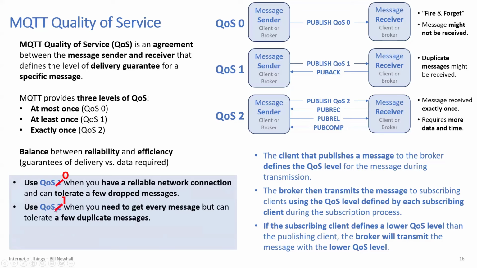You use QoS 1 when you need to get every message but can tolerate duplicate messages. And you use QoS 2 when you cannot tolerate dropped messages or duplicate messages. Okay, so consider that when you're sending data back and forth between nodes in your project.